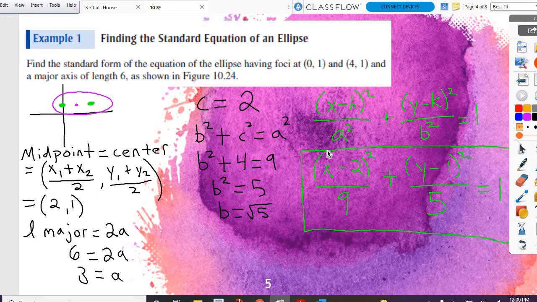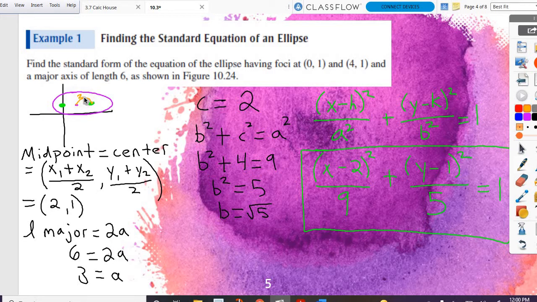Questions on any of that? Yes. How did I get that? Oh, because if I know that my center is at, we said (2, 1), yes? Then I know that if I go from (2, 1) to get to (4, 1), I've gone a distance of 2.